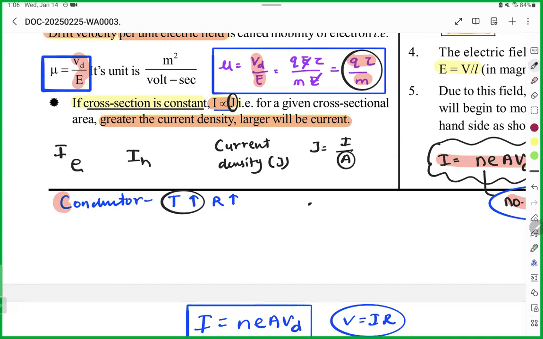The electrons in the conductor will start vibrating. It will create a problem in the path of other electrons. And when it creates a problem, that means resistance. If resistance increases, conductance will decrease, conductivity will decrease. Sigma, conductivity decreases. Rho, resistivity increases.